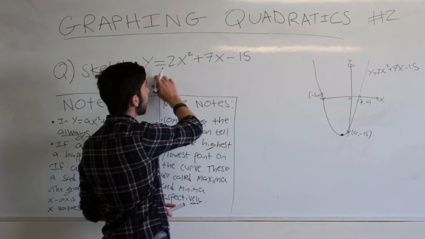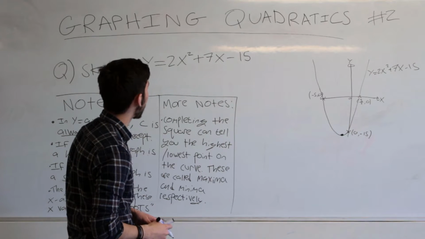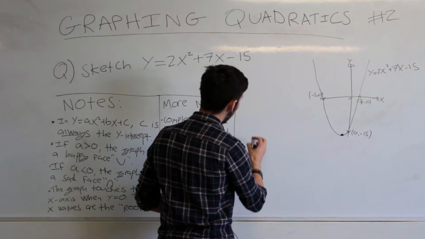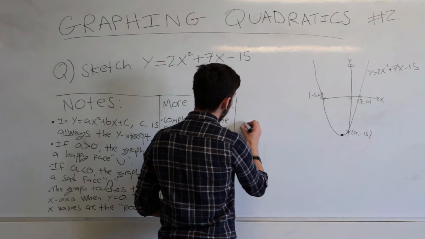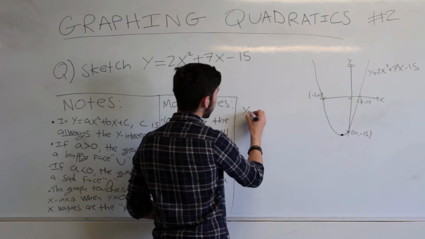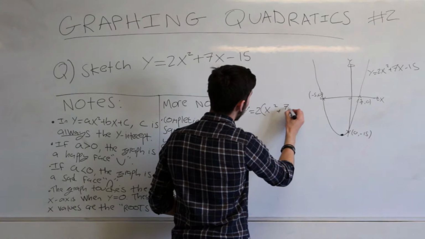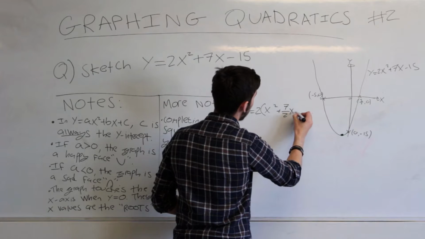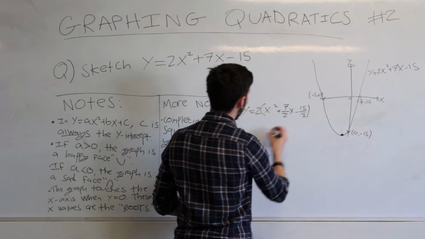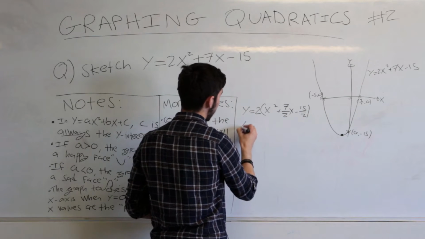Let's complete the square on this to start with. How do we complete the square? We're going to factor out the 2, I would say. So we're going to go y is equal to 2 times x squared plus 7 over 2 x minus 15 over 2. I feel a calculator coming on, to be honest, guys.